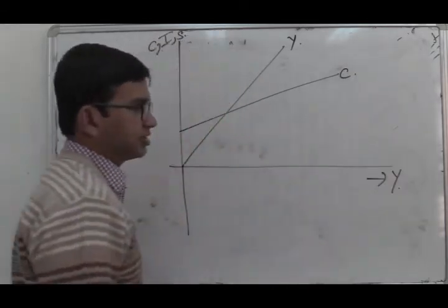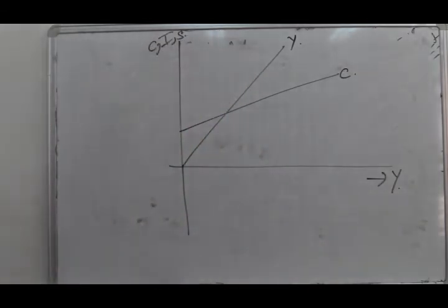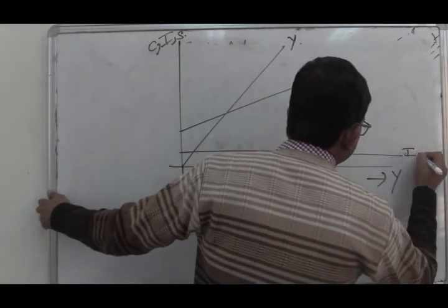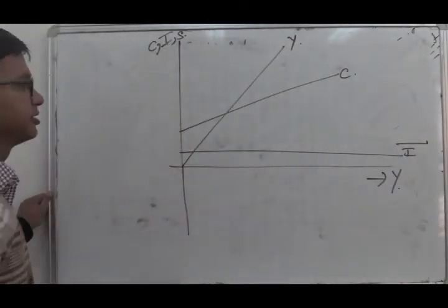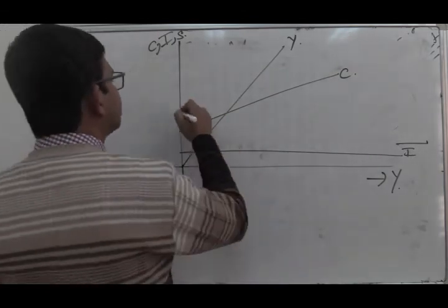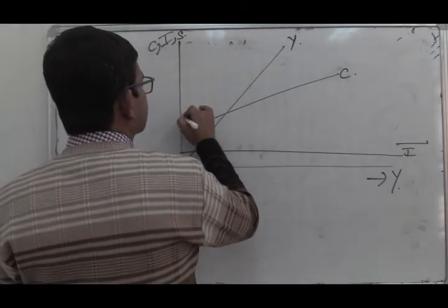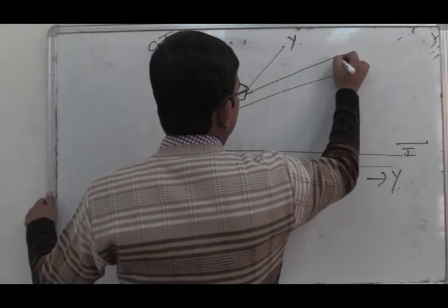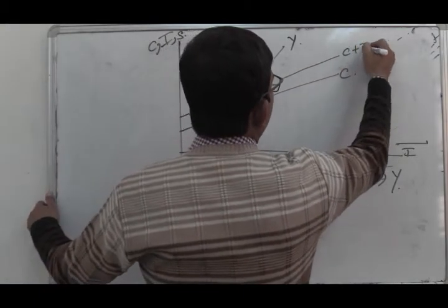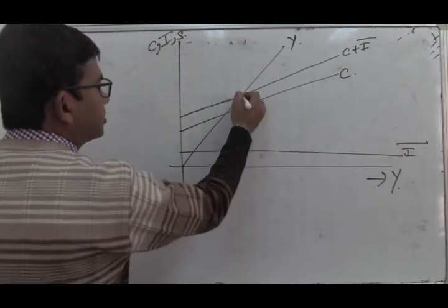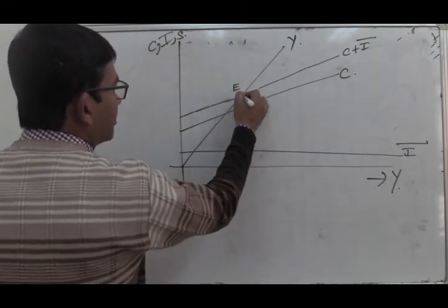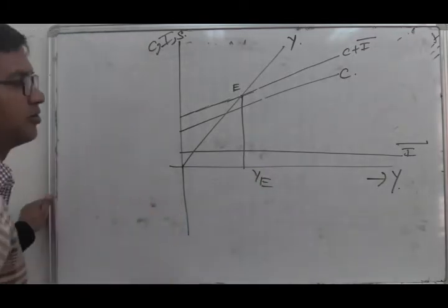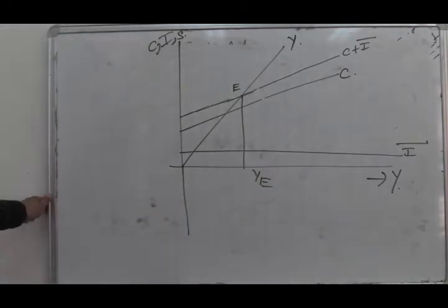This is my consumption function. This is the autonomous investment. So this is C plus I bar. So E is the point of equilibrium, and hence YE is the equilibrium level of income.